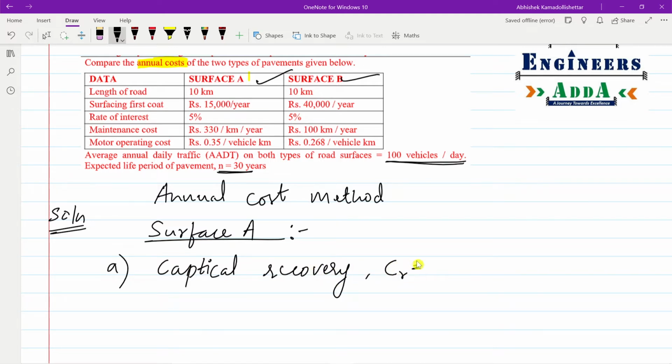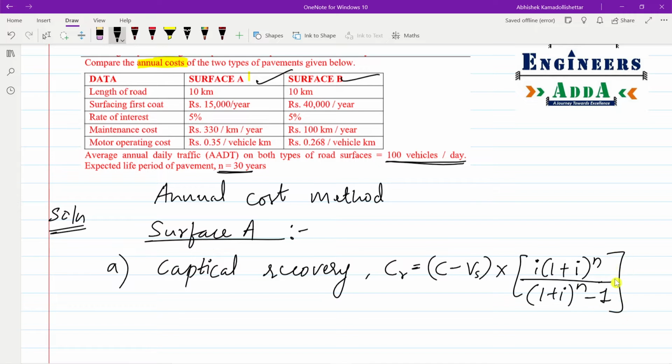CR is equal to C minus Vs, into I into (1 plus I) raised to n, divided by (1 plus I) raised to n minus 1, plus Vs into I. Very quickly, the terms I have used here.